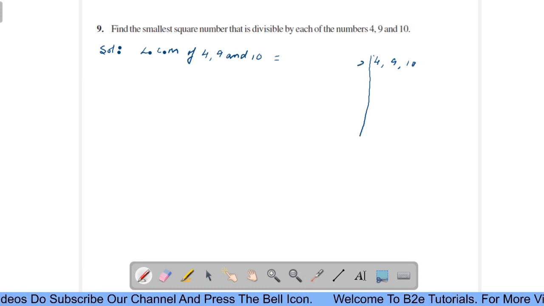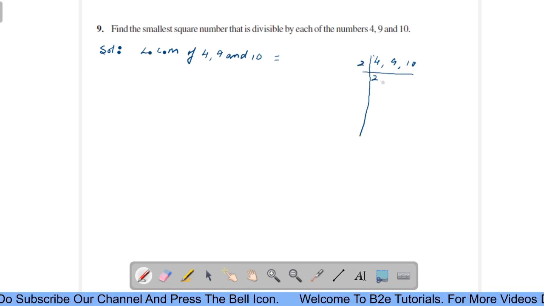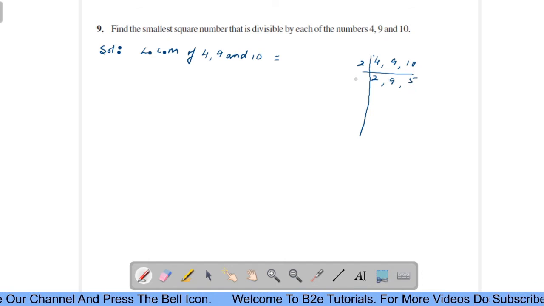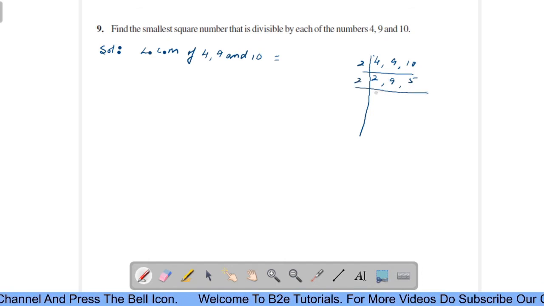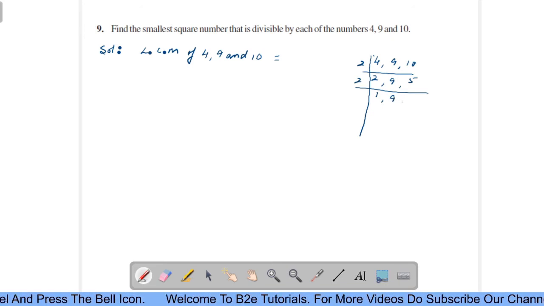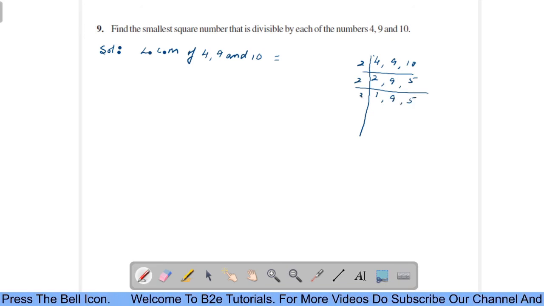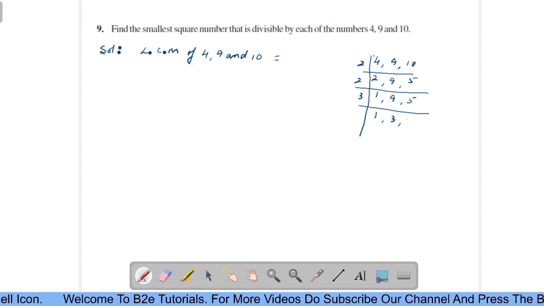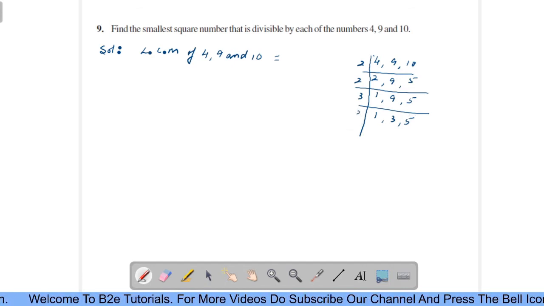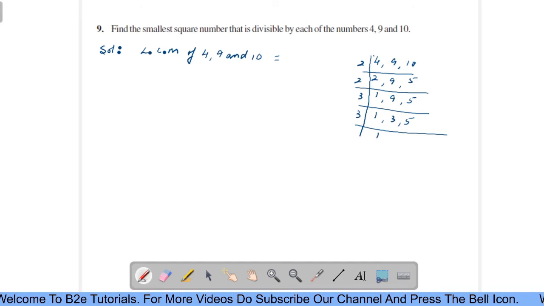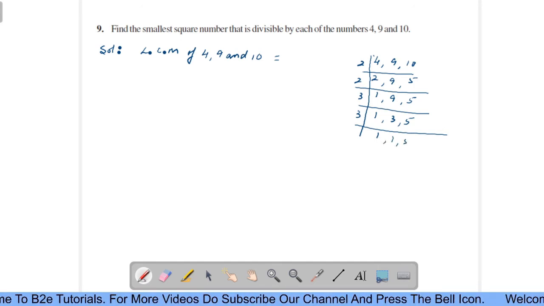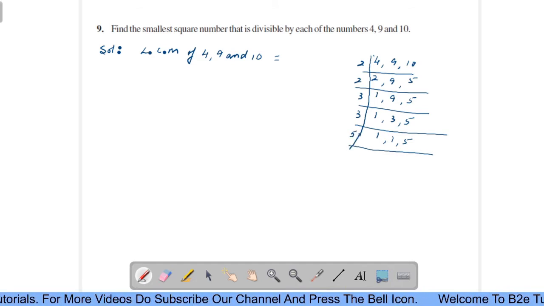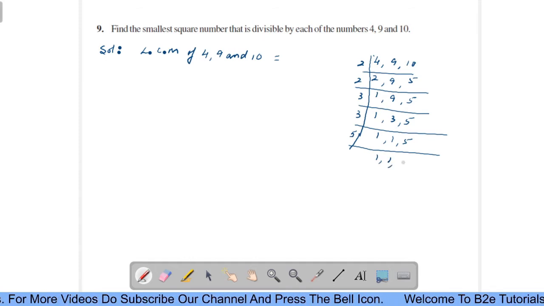Here divide by 2, it is 2, 9 is not divisible, write as it is, 2 fives are 10, then by 2, it is 1, 9 is not divisible, 5 is again not divisible, then by 3, it is 3, 5 is not divisible, write as it is, again by 3, it is 1, then 5, and then divided by 5, it is 1, 1 and 1.